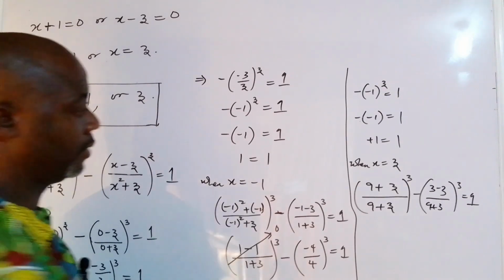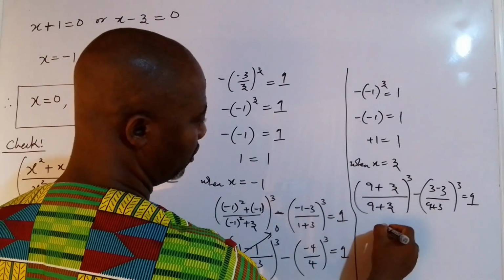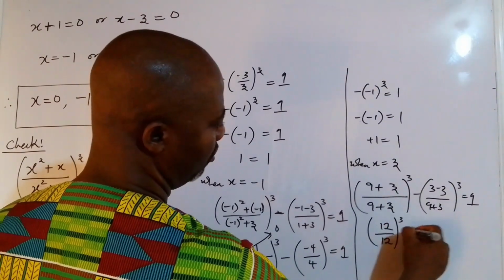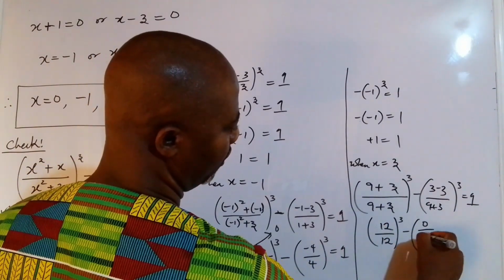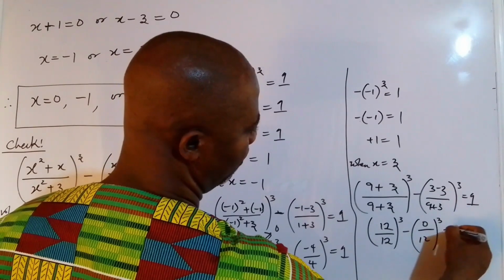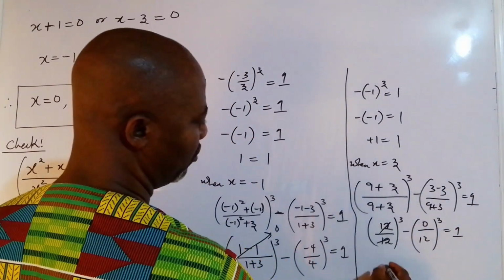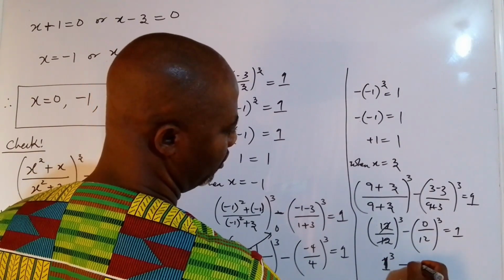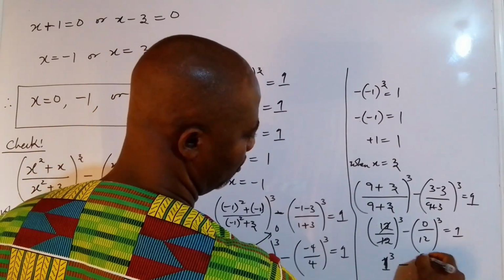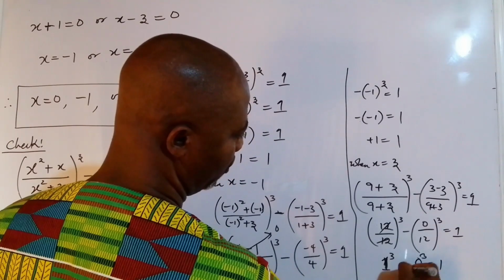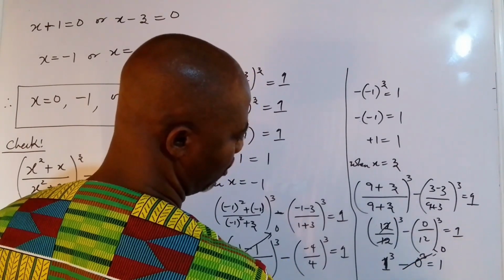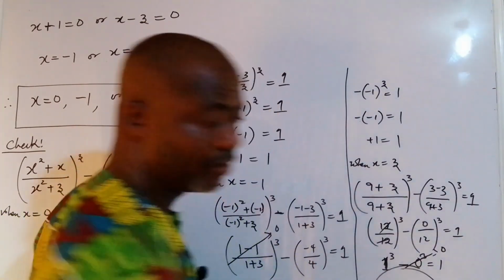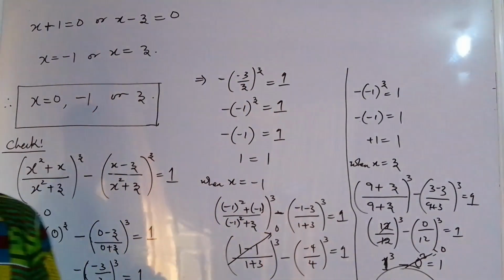I hope that is clear. So this will give us 12 over 12 cubed minus 0 over 12 cubed equal to 1. So this will give us 1 cubed minus 0 cubed equal to 1. So this will go to 0. So you have 1 cubed is equal to 1. So you can see that everything checks out.